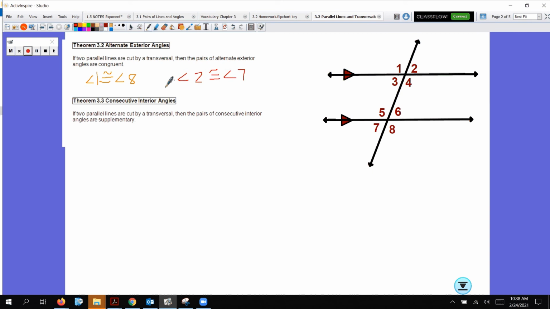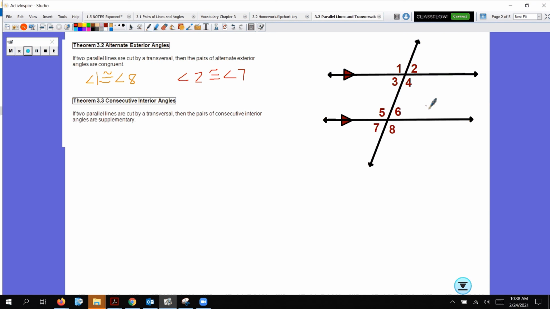All right, and the last one we're going to talk about, right? Remember, corresponding, alternate interior, alternate exterior are all congruent. They're all equal to each other in size. But the consecutive interior angles, let's read the definition. If two parallel lines are cut by a transversal, then the pair of consecutive interior angles are supplementary.